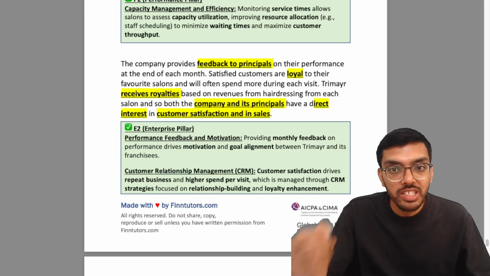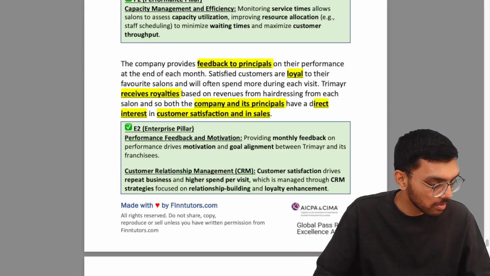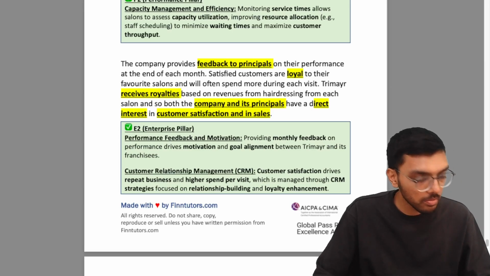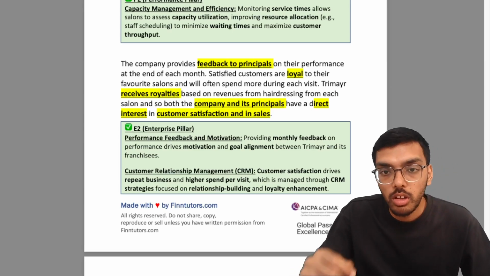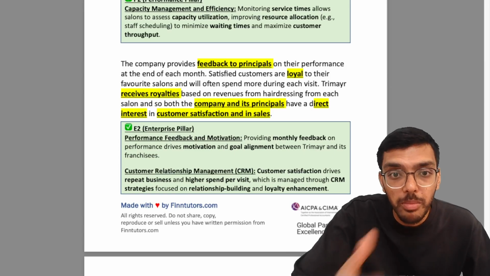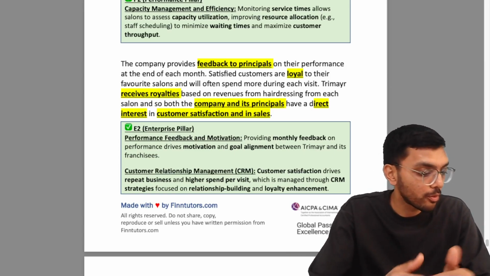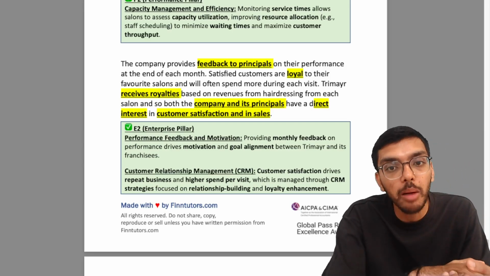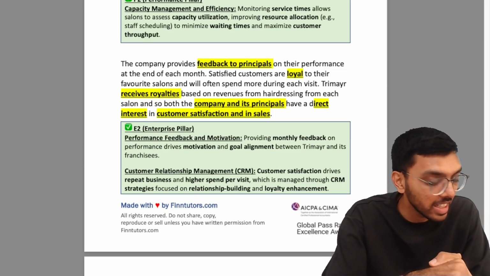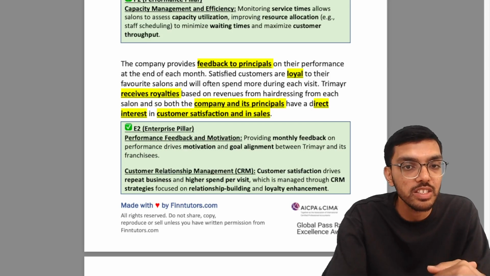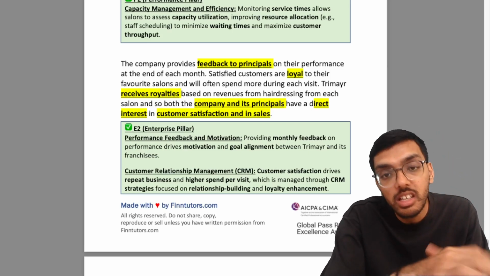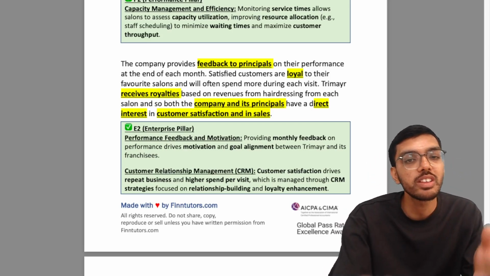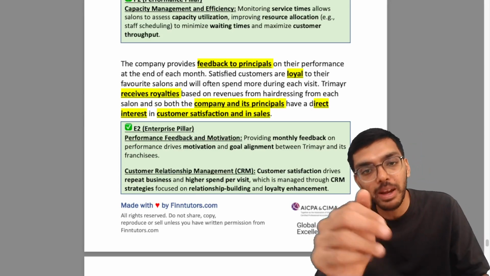Trimayr receives royalties based on revenues from hairdressing from each salon, and so both the company and its principals have a direct interest in customer satisfaction and in sales. So if the customer is not satisfied, he doesn't come again. He doesn't spend on your salon.